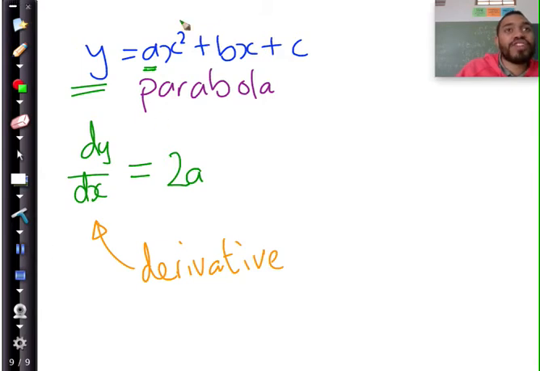Because remember, this is generalized now. 2ax to the power of 1. And whatever's in front of x, we put that down and the constant term falls away. Okay, by now you've mastered the power rule, right? Okay, so do you all agree with me? What I found now is called the derivative of the function. dy by dx is equal to 2ax plus b.